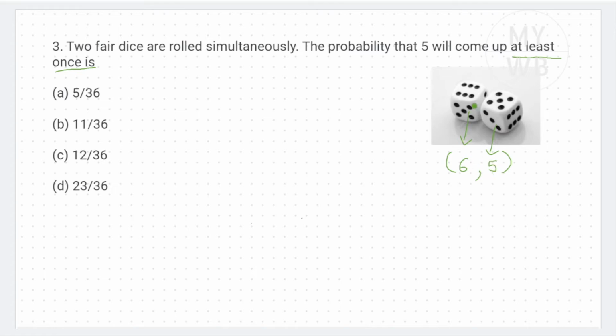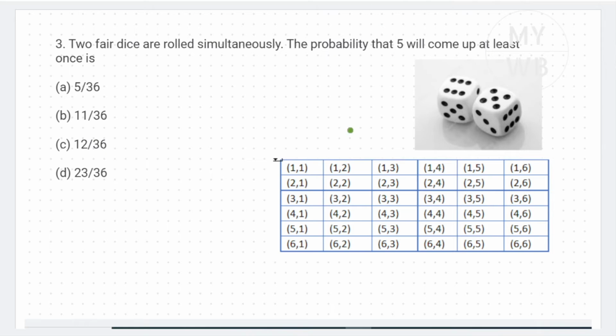So here in this picture you have a 6 on the first die and 5 on the second die. Like this you can have many combinations. It can be a 1 and a 1 or a 1 and a 2, 3 and a 5 or 2 and a 6. So all such possible outcomes are generally tabulated so that we don't miss out anything. You can see here there are 6 rows and 6 columns. So the number of possible outcomes here is 36.